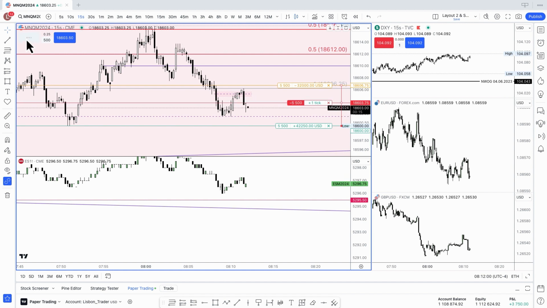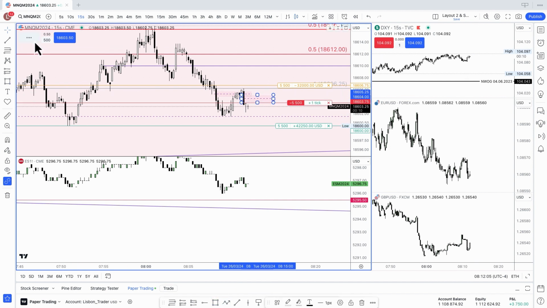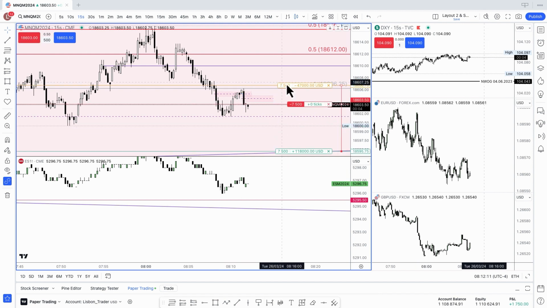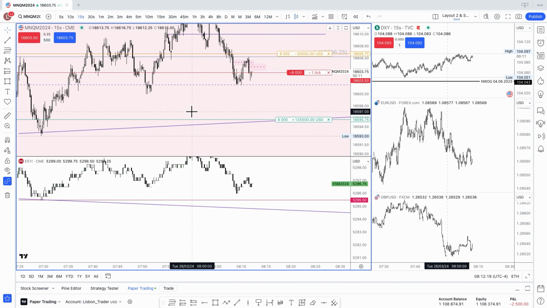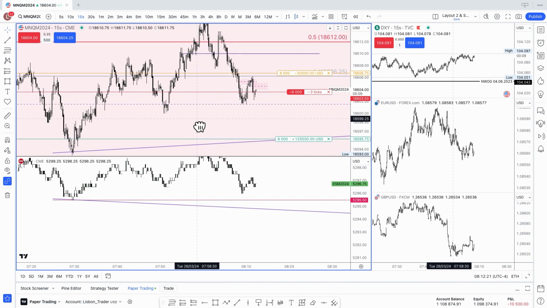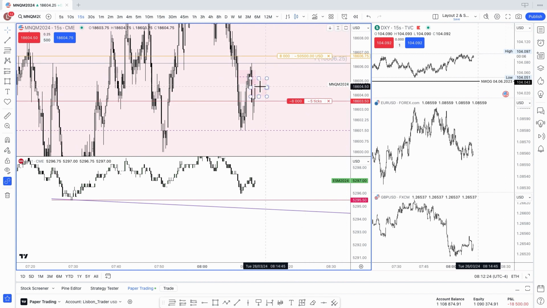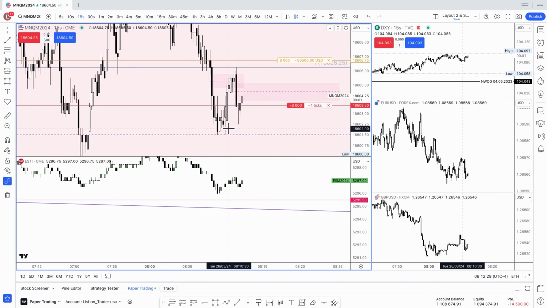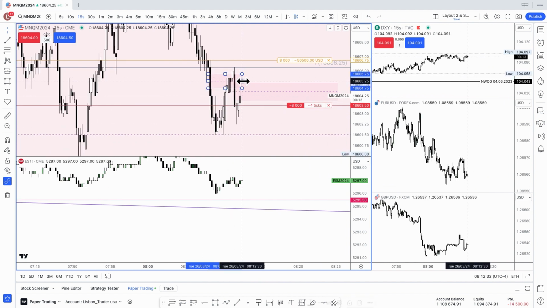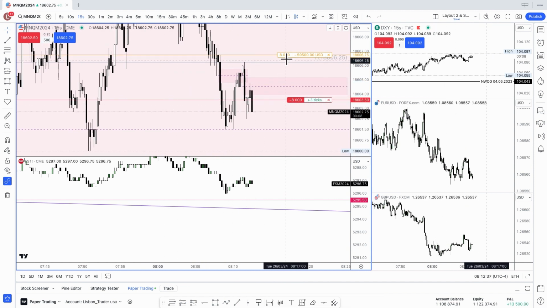Entering in that fair value gap now. This one. Building a 50k position. There. Constant encroachment. Checking.